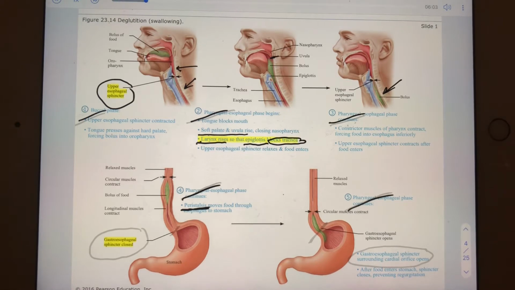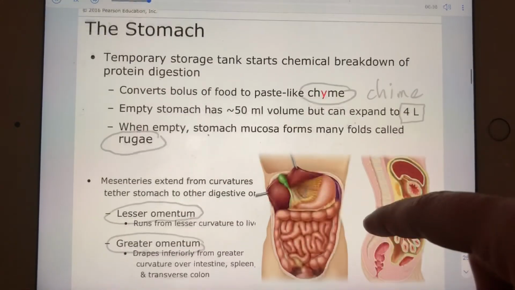All the while that gastroesophageal sphincter, the one between esophagus and stomach, is closed, okay? And it's not until we move the bolus into contact with that sphincter that it finally does open. So I need you to know generally what's happening. I'm never going to ask you, what's the name of this step or list these steps in order. We're going to move to slide 6 now.